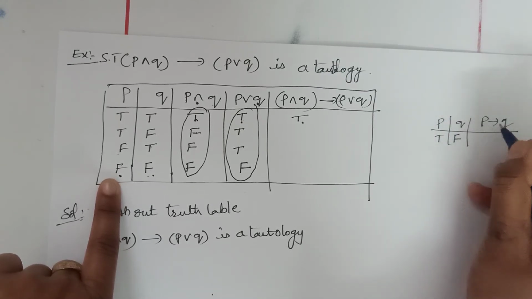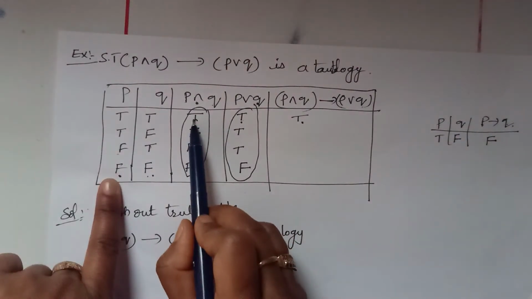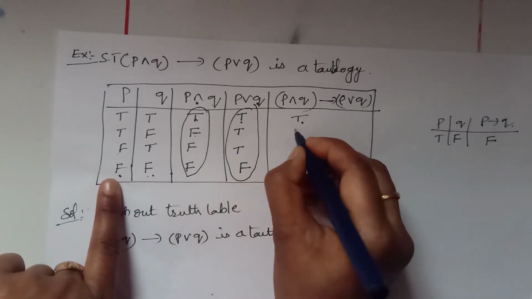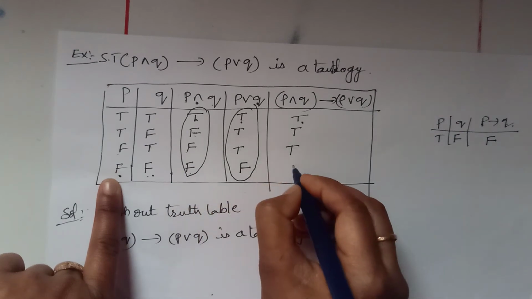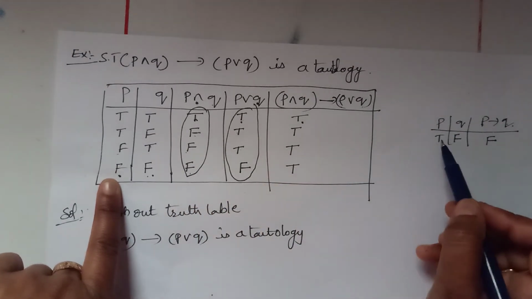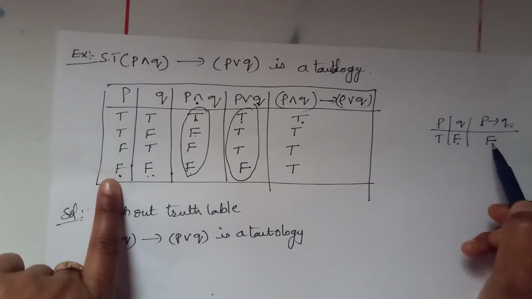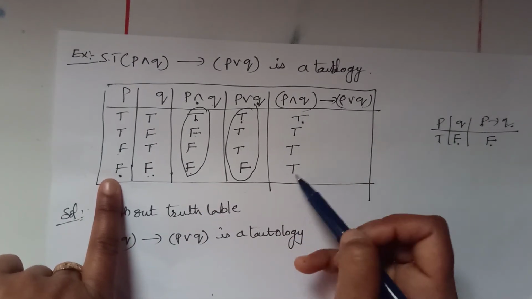In all other cases the conditional is true. So only in the case when P and Q is true and P or Q is false would it be false, but that never occurs.